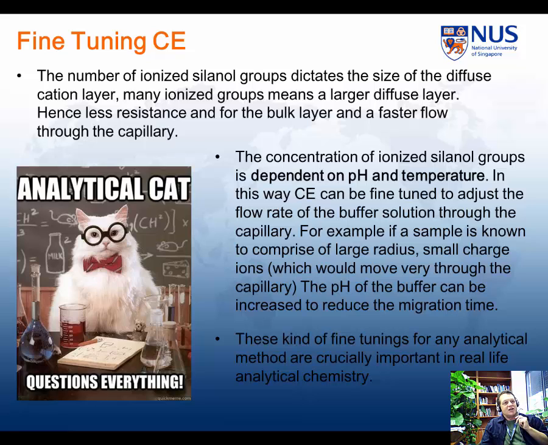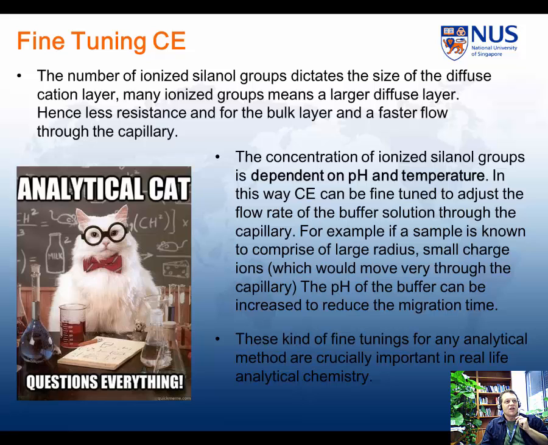Okay, let's think for a moment then, if you want to fine-tune capillary electrophoresis in terms of getting the best possible separation that you might want to get. It's all about the characterization of the silanol groups on the inside of the capillary.